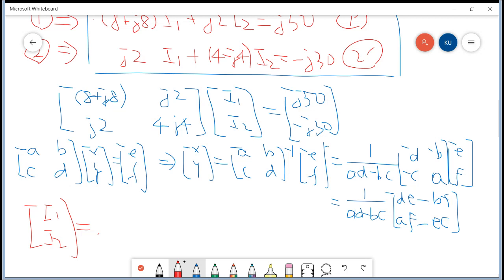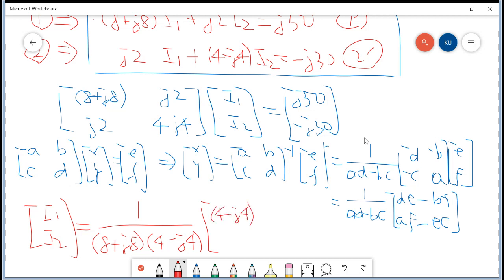So if we use this one, we can know that I1, I2 will be: A is 8 plus J8, D is 4 minus J4, E is J50, and then minus B is J2, F is minus J30.